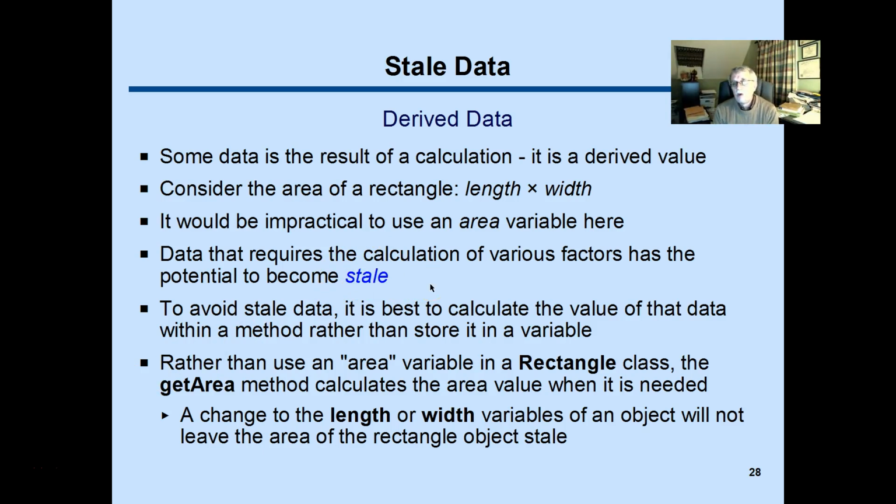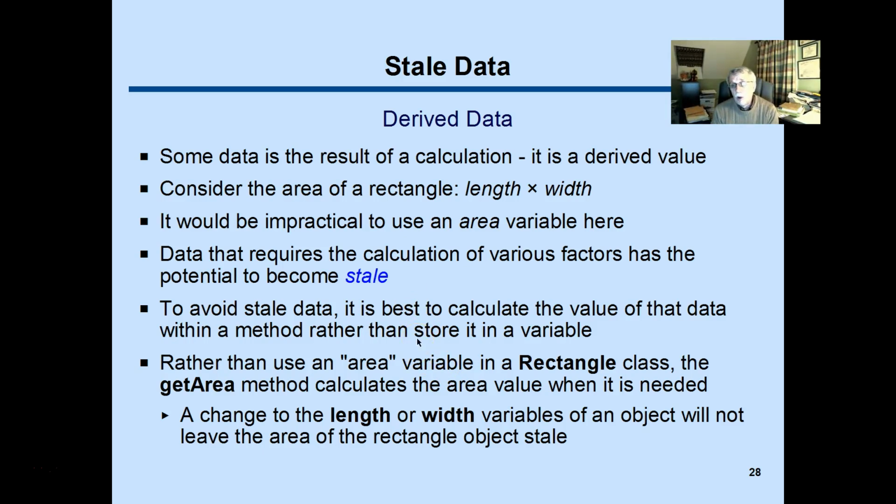So if we have attributes whose values are subject to change over time, then we don't want to derive values from those and store the derived values, because they could become outdated or stale. Therefore, if it's something that is subject to change, we compute it on demand, or derive it only when needed, rather than store it where it could become stale or outdated. Very important concept as well.